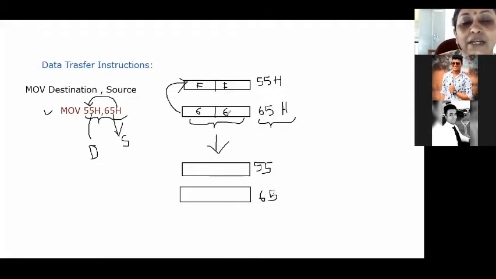Earlier we had these contents, but now as we have executed the instruction, 65, the source memory location, already has 66 and 55 already has FFH, but after execution of the instruction, the memory location 55 also will have the data content 66. Are you clear about this? Yes, students? Yes, ma'am. Okay, so shall we move forward?